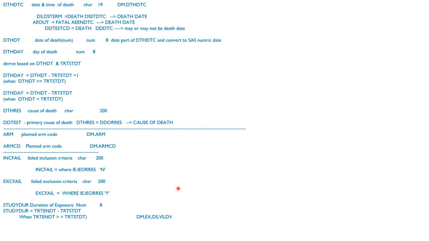In the VS domain, we create some baseline flags, like the height baseline flag and weight baseline flag, the vital signs related baseline flags. The DS domain and EX domain also have some flags and variable derivations. Most of the variables we get from the DM domain. Okay, so this is ADSL.